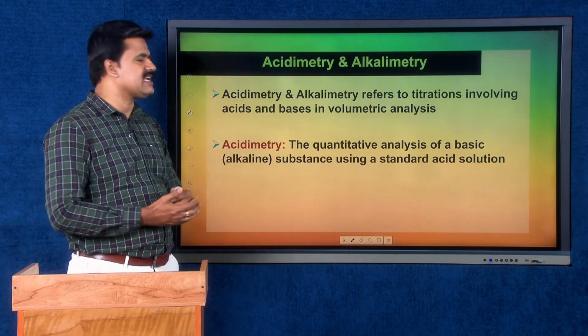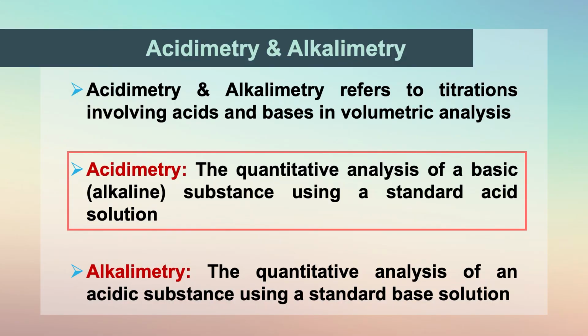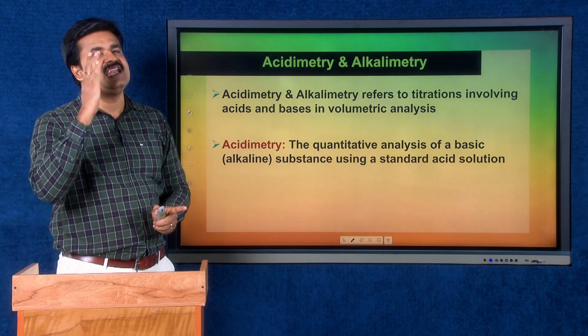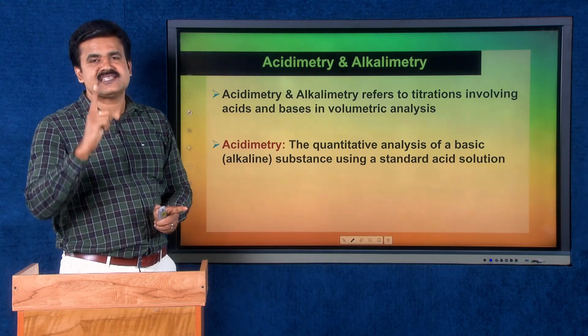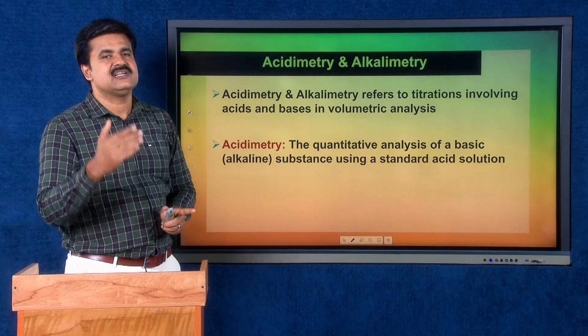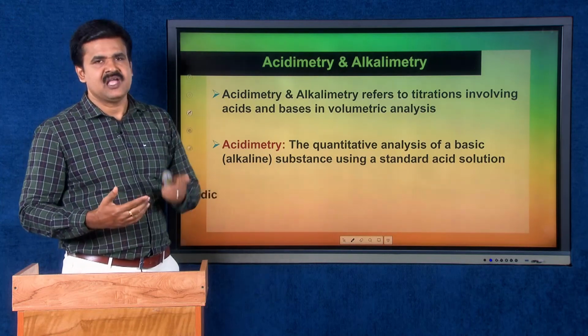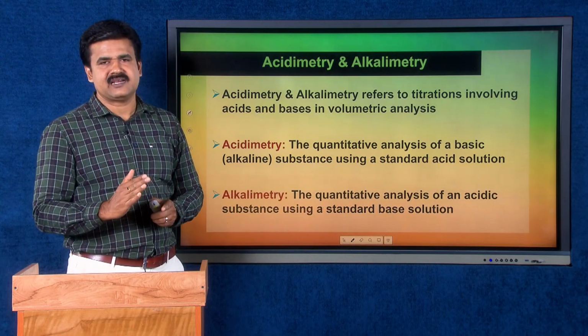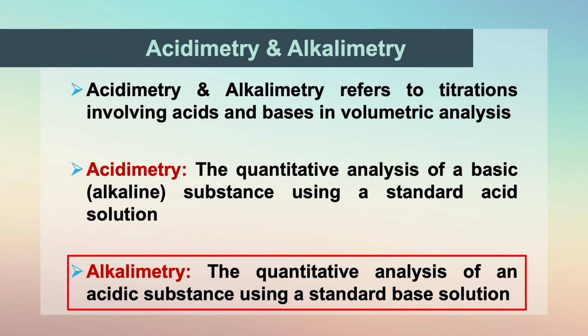First of all, we can take acidimetry. Acidimetry is the quantitative analysis of basic or alkaline substance using a standard acid solution. So, in acidimetry, we use a standard solution of an acid to estimate the concentration of a base. And alkalimetry is a quantitative analysis of an acidic substance using a standard base solution.